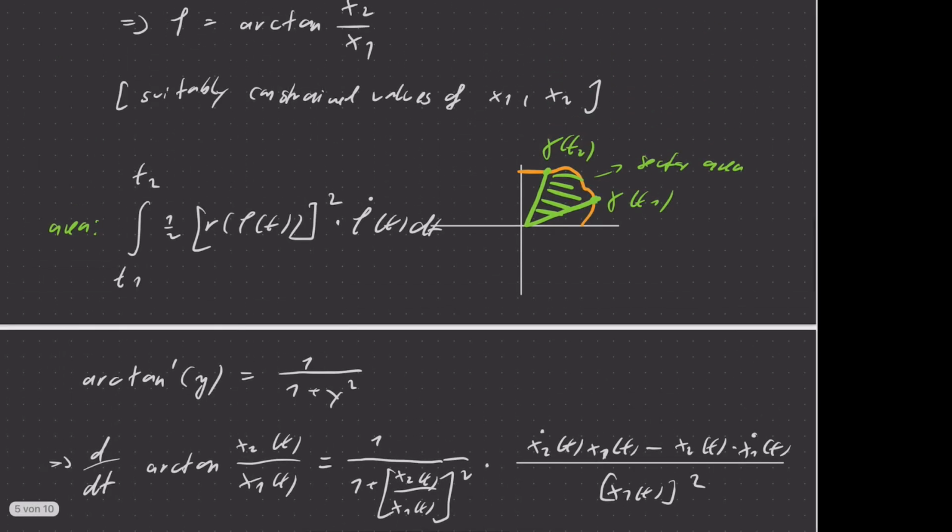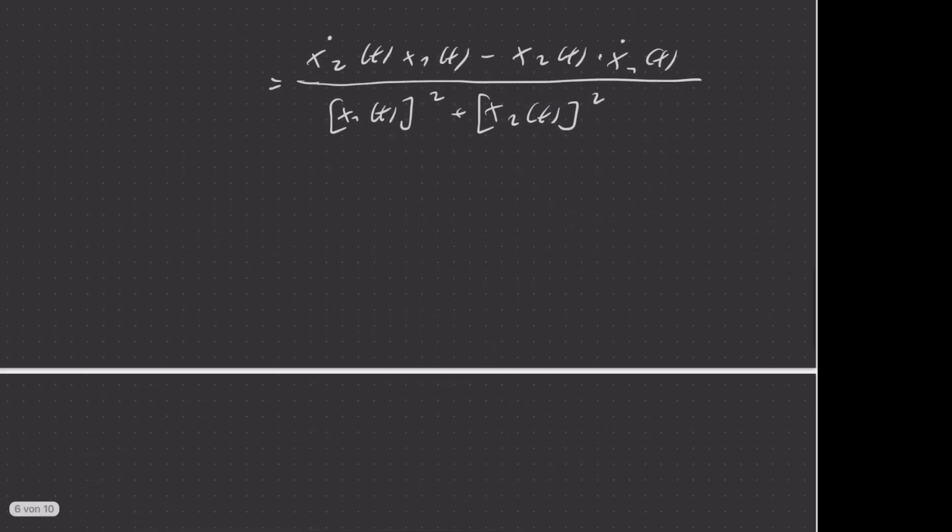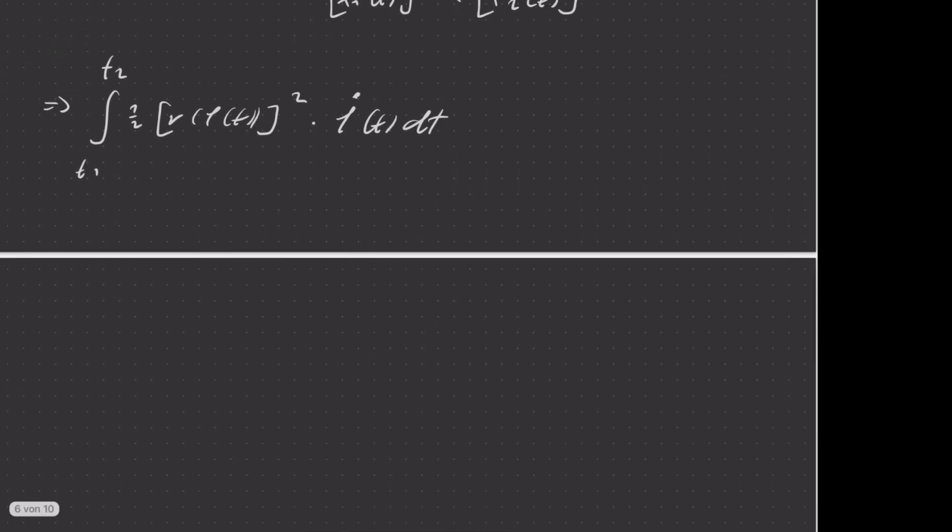And now let's look at our integral again. This formula here, we do now know phi prime, so we are now ready to substitute our findings into that formula to get a final result here. So our integral from t1 to t2, 1 over 2 r of phi of t squared times phi prime of t dt is now the following.